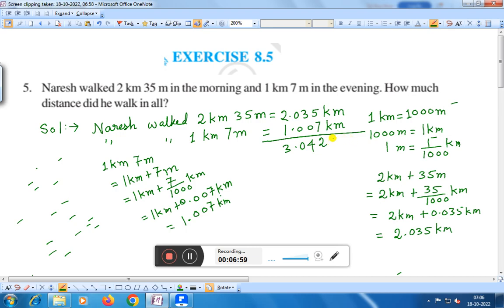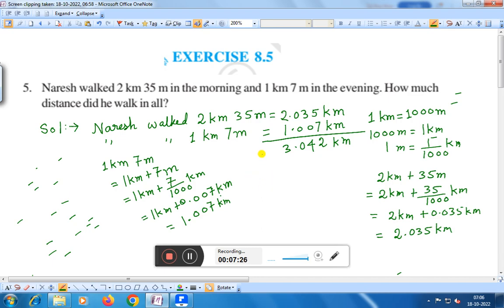That is 3.042 kilometer. This much kilometer, right? Therefore, it can be written as 3 kilometer 42 meter, right?